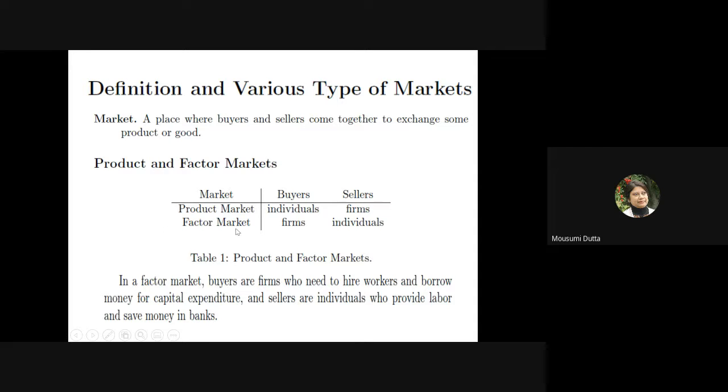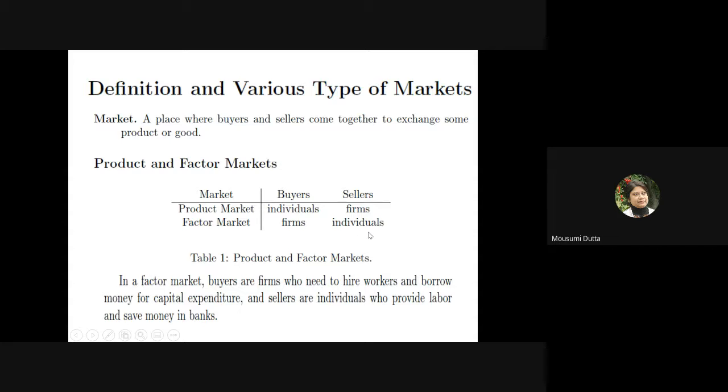The things change when we go to the factor market. Factor means input: land, labor, capital, etc. So when we move to the factor market, firms or the industry houses become buyers, because they buy labor, they borrow capital, they take lease of the land, etc. In that case, households or individuals appear as sellers.